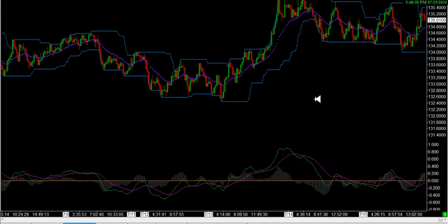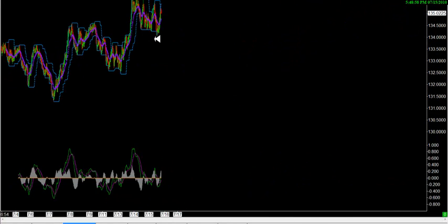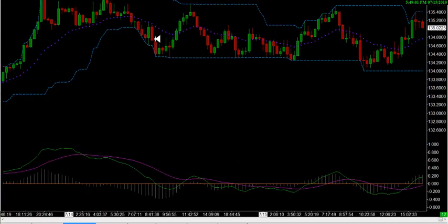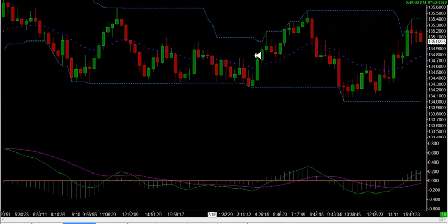For example, the chart in front of you here is a 1597 tick chart, meaning each bar, each candlestick here, carries 1597 ticks. It's not time defined, it's tick defined.